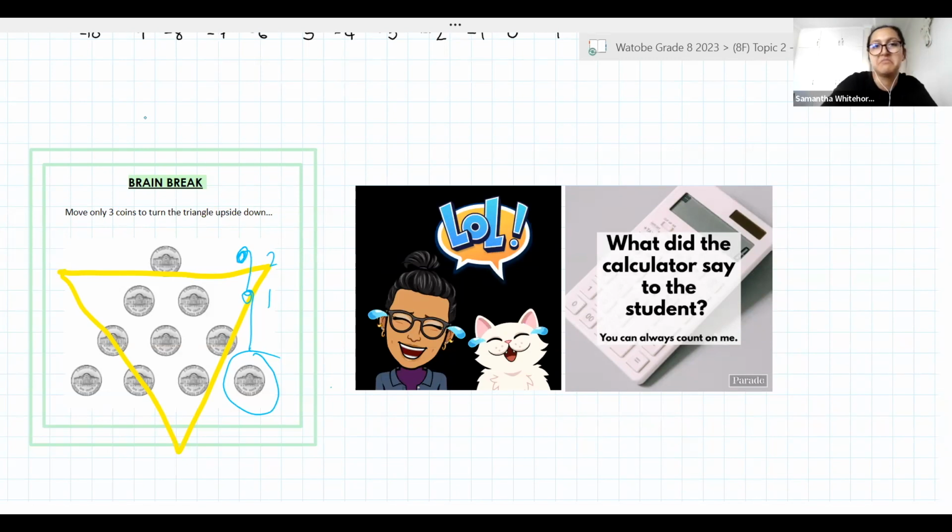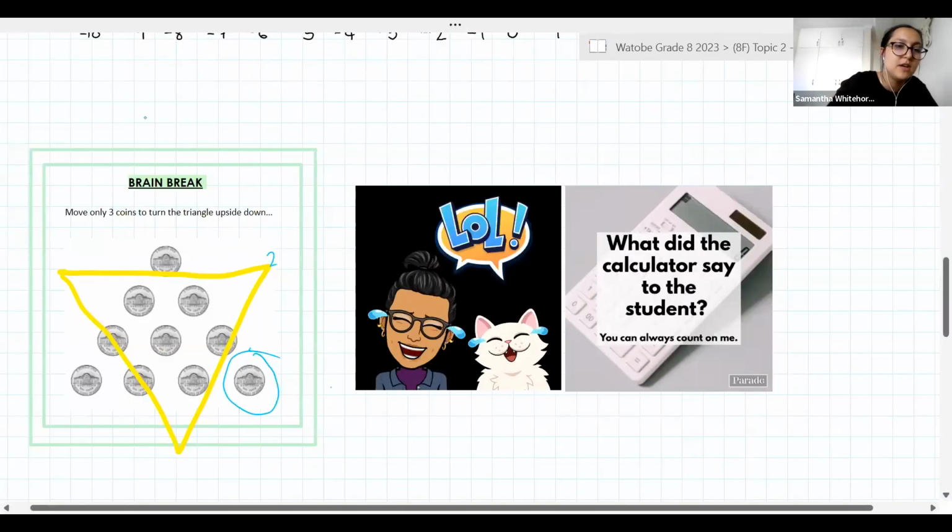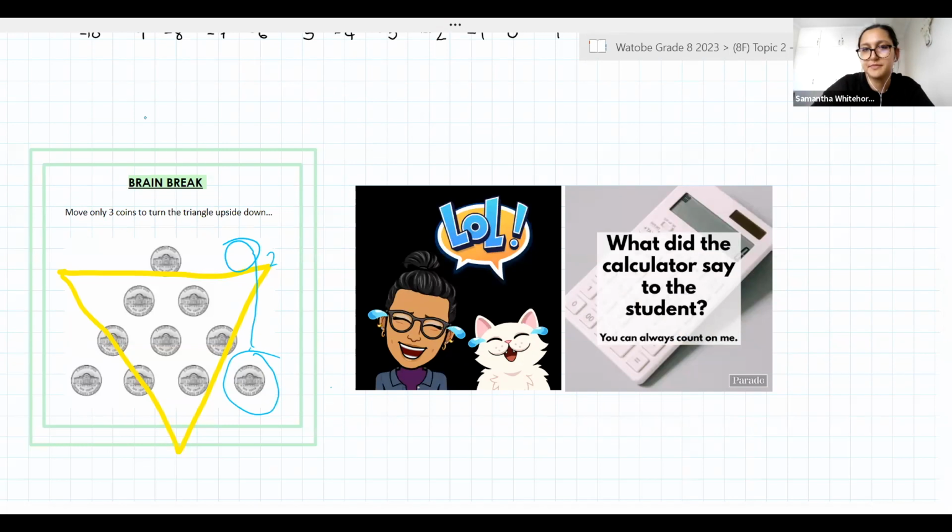Sorry, clearly I'm just not doing well tonight. Okay, so we are moving this blue coin up here. And what about the other one? It is on the left. Okay. Also up. Yes, ma'am. Okay, I'm liking it so far.